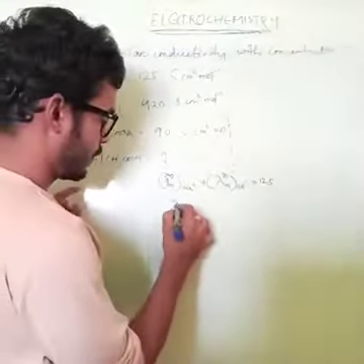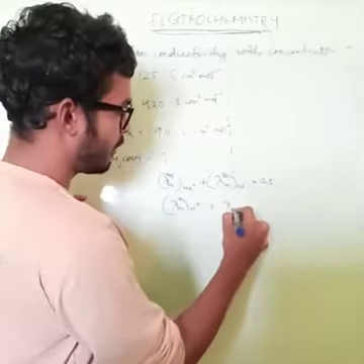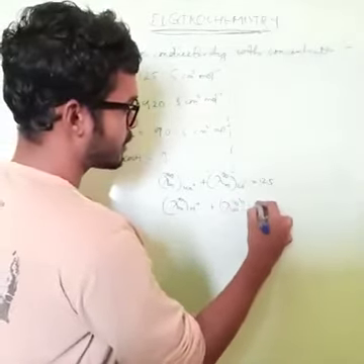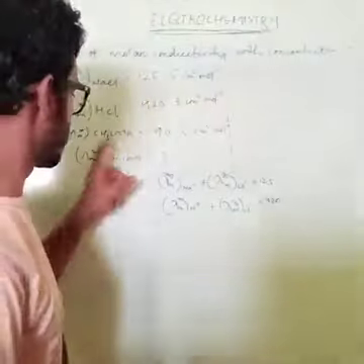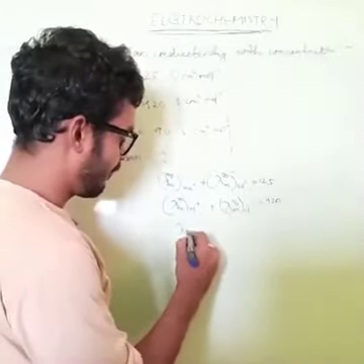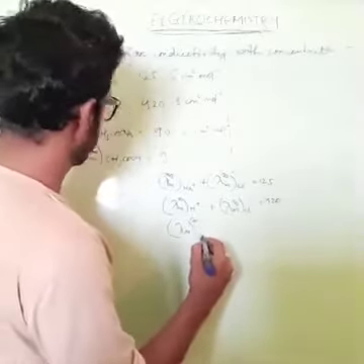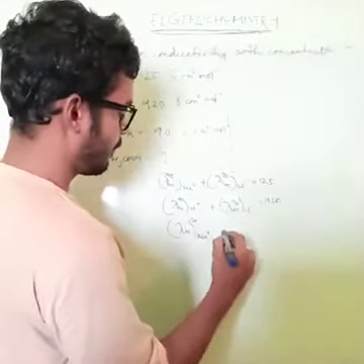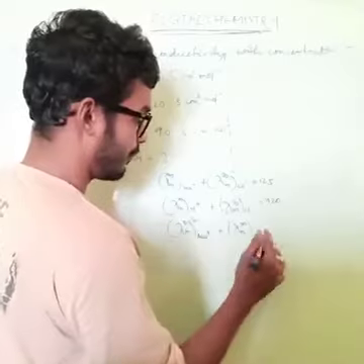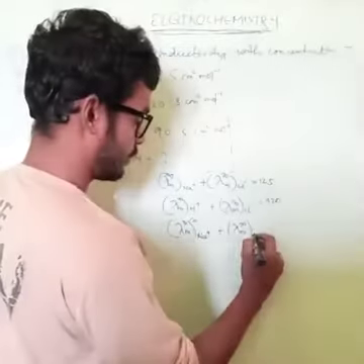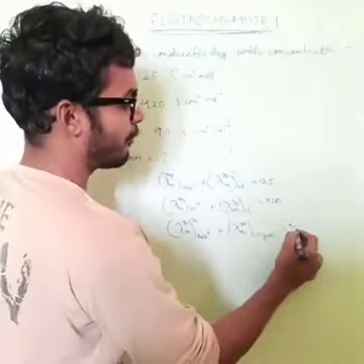For HCl, lambda m at infinite dilution of H plus plus lambda m at infinite dilution of Cl minus is given as 420. Okay. So next, sodium acetate, lambda m infinite of Na plus plus lambda m infinite of CH3COO minus, which is given as 90.